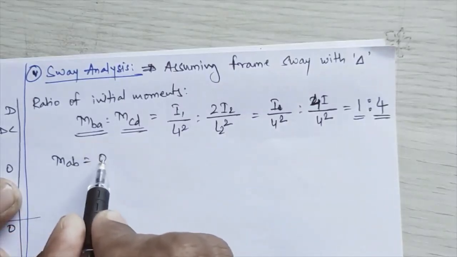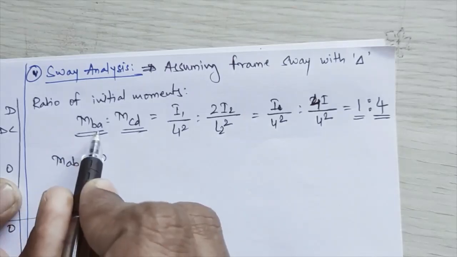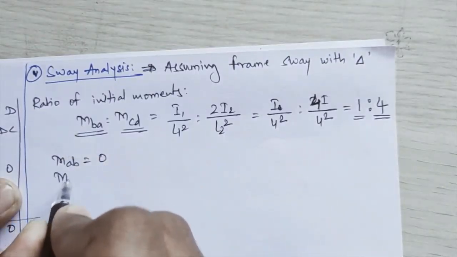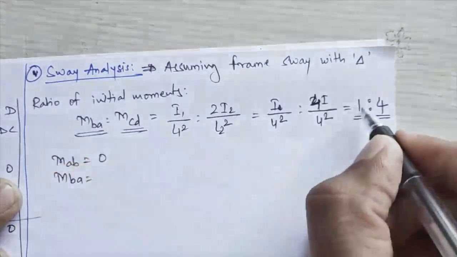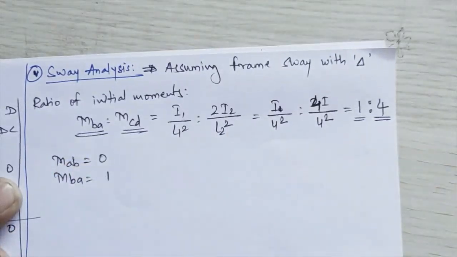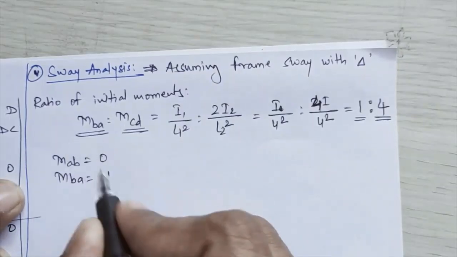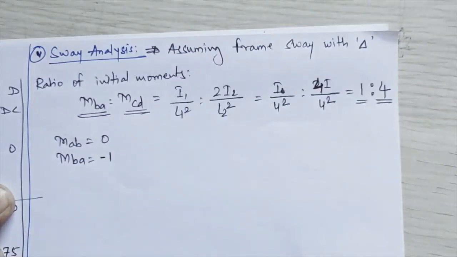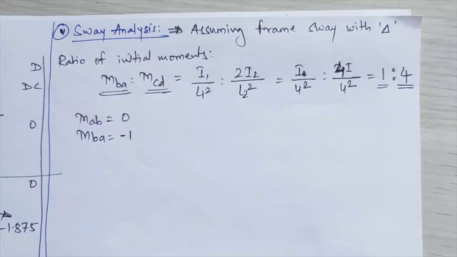Why? Because A is the incapable support. So MBA will not be equal to MAB, and MAB will be 0. Next, MBA, I am getting equal to 1. But while considering the fixed-end moments table, we consider the restoring signs, so always apply the opposite nature, that is -1.